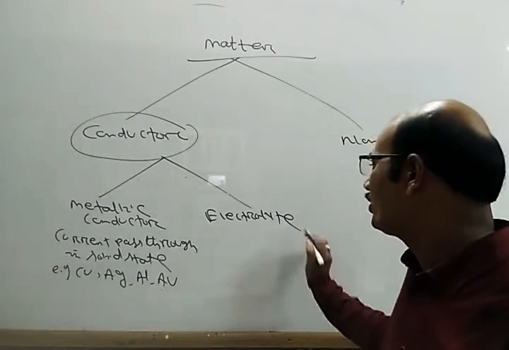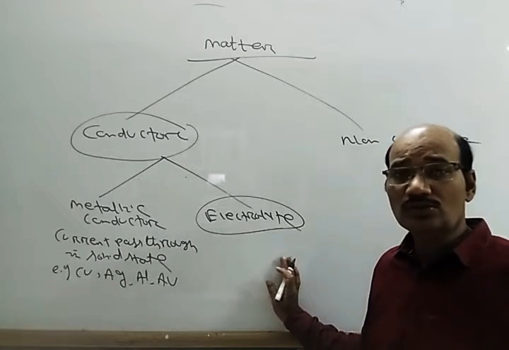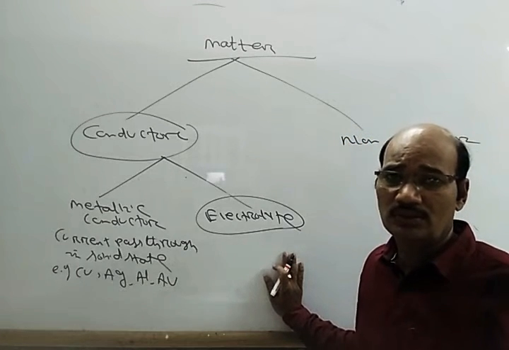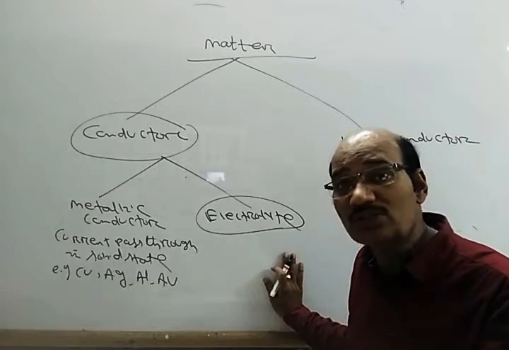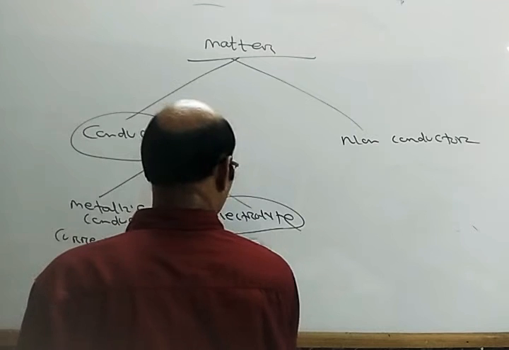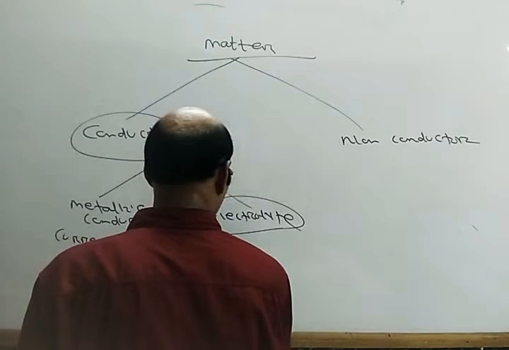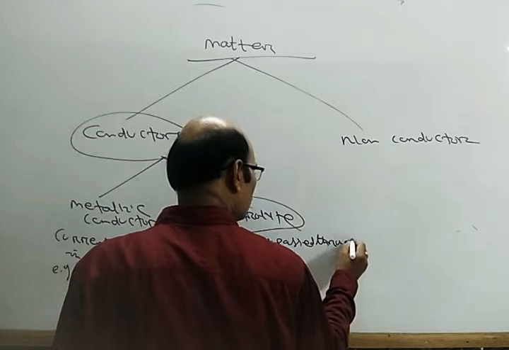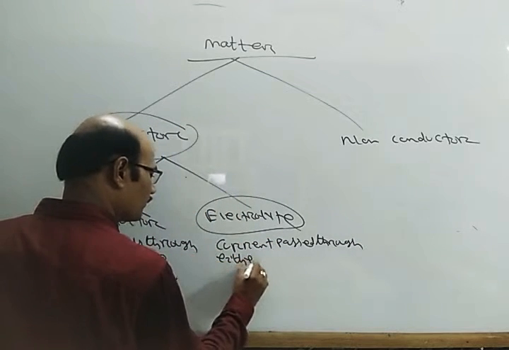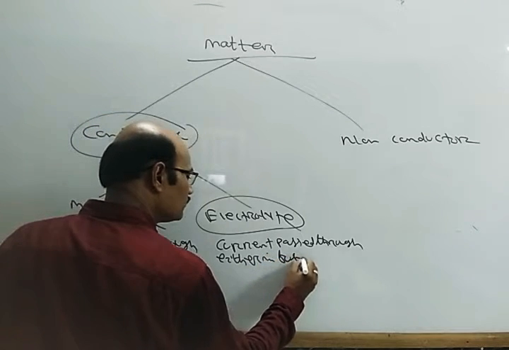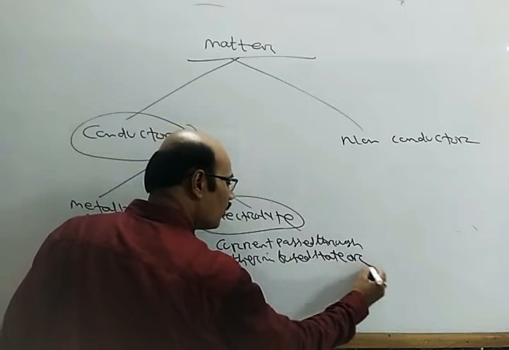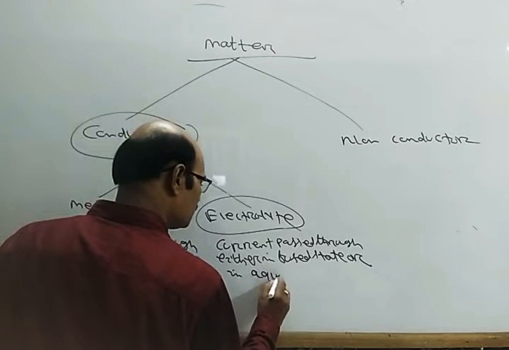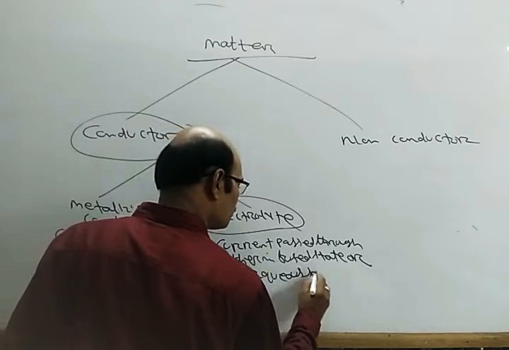Okay, now you know electrolytes. Electrolytes are those through which electric current can pass, either in their molten or fused state, or in their aqueous solution.